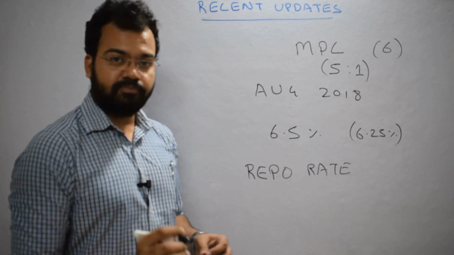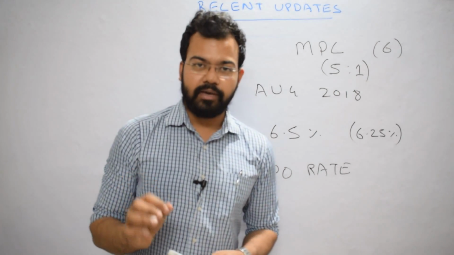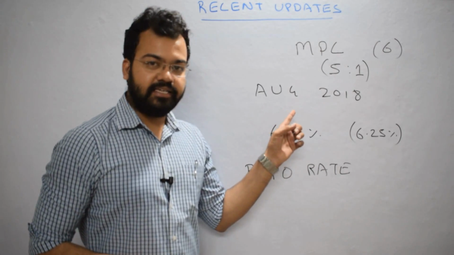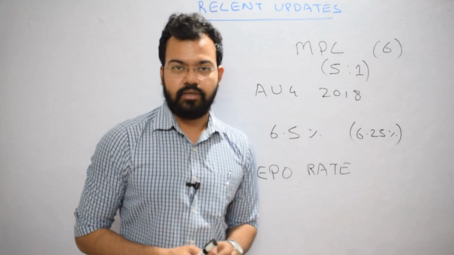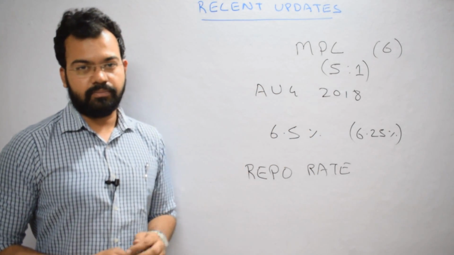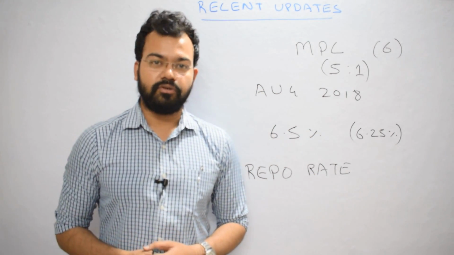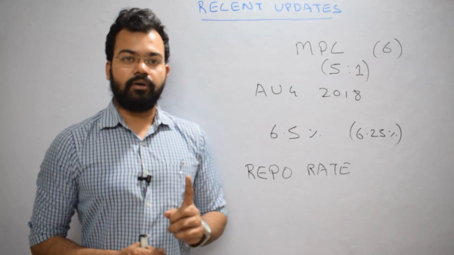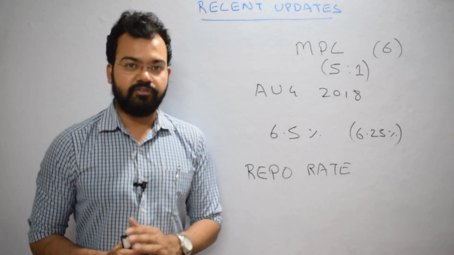It means 5 members of the MPC voted in favor of this rate hike and 1 against it. If we compare this with the last bi-monthly policy, which was announced in June 2018, the repo rate at that time was hiked from 6% to 6.25%.